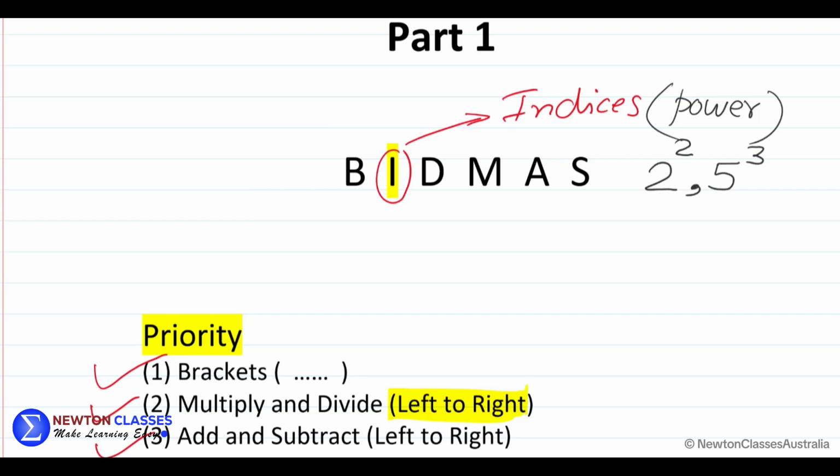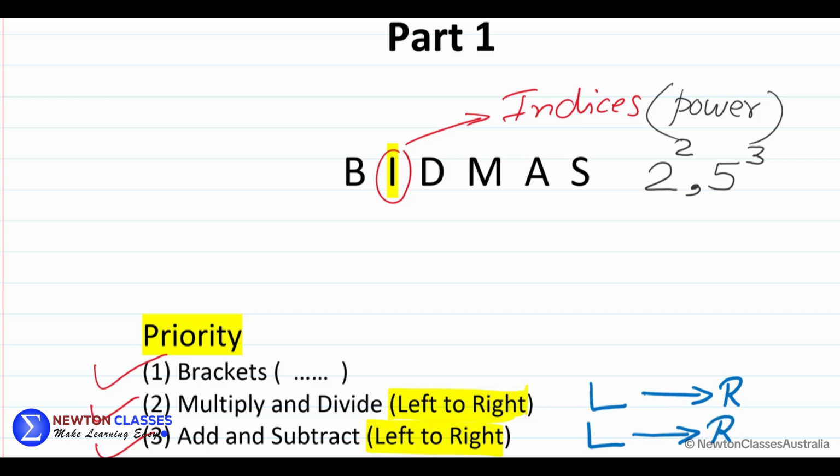Again, we go from left to right. Whatever comes first, we do that operation first. Remember, whenever we find operators at the same level, we go from left to right, whatever comes first. Similarly, if we have minus and plus signs, again we start from the left, going towards the right.